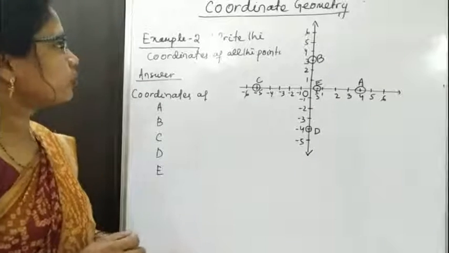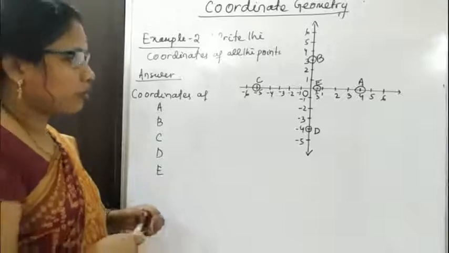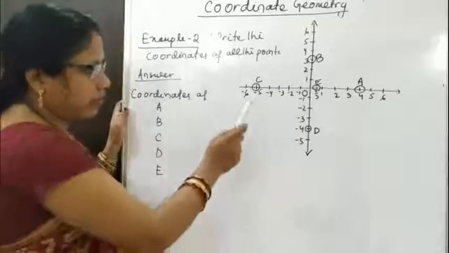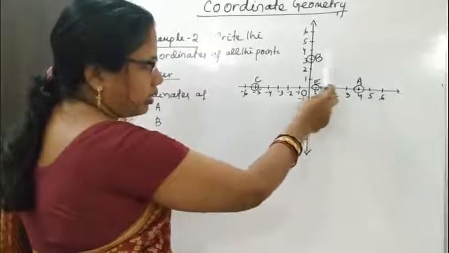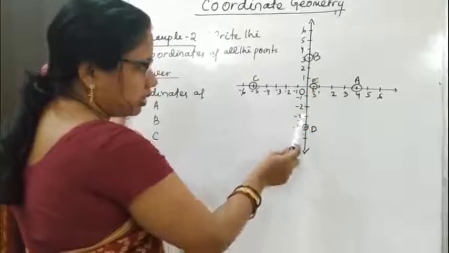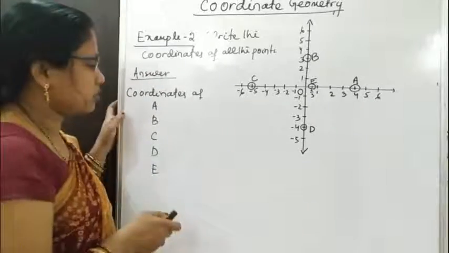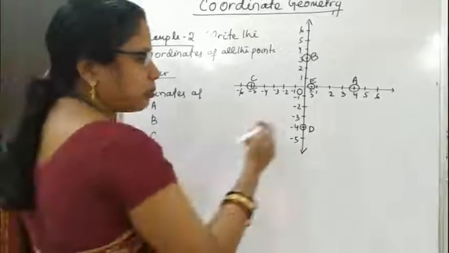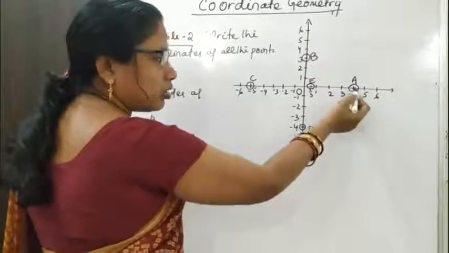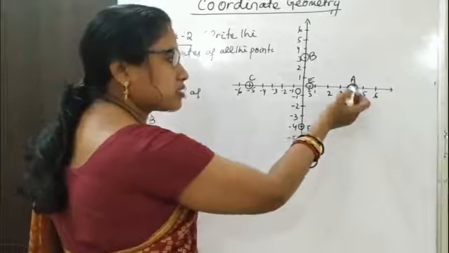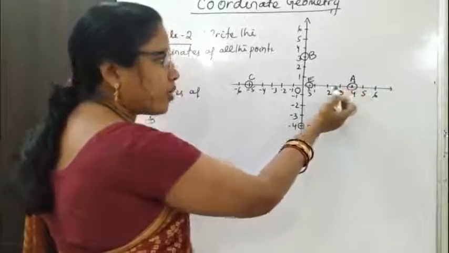Next is example 2. Write the coordinates of all the points. Here in this figure, points are marked. So this is point A, B, C, D and E. We have to write the coordinates of all the points. First, take the point A. The x coordinate is the perpendicular distance of A from the y axis.